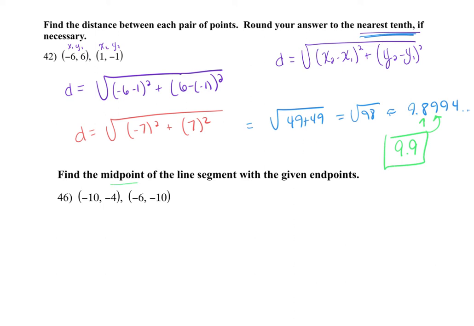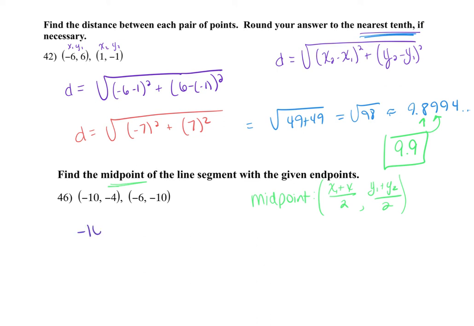For the midpoint, you're going to have to use your midpoint formula. This formula, you just add your x's and divide by 2, add your y's and divide by 2, and remember that answer is an xy point.